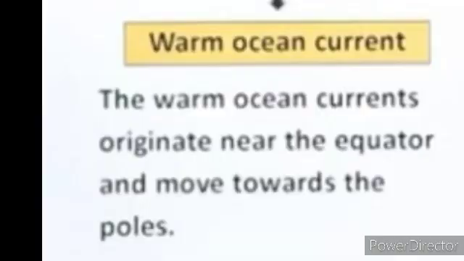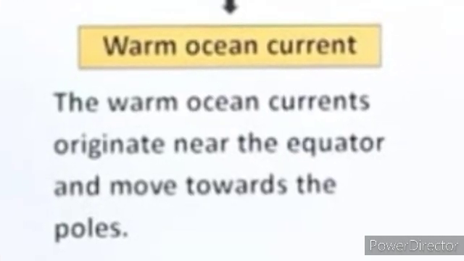Circulation of ocean currents is clockwise in the northern hemisphere and anti-clockwise in the southern hemisphere. Some ocean currents are narrow and swift, but some are very broad and move slowly, so these currents are called drifts. There are two types of currents, warm currents and cold currents.